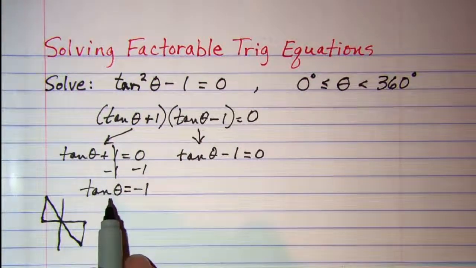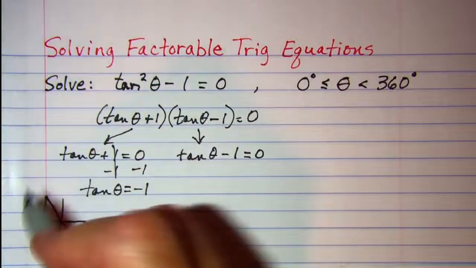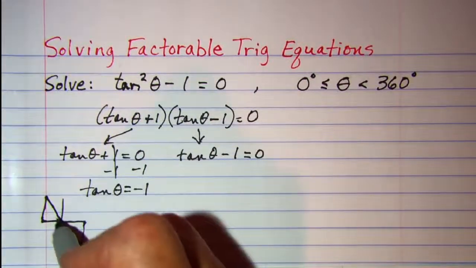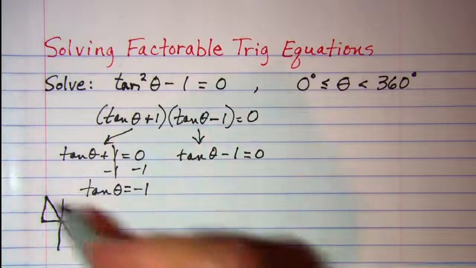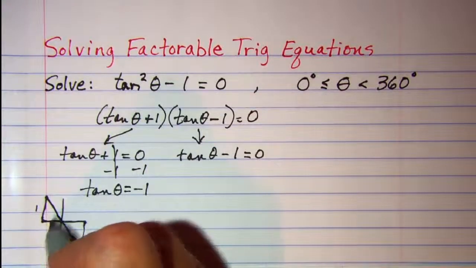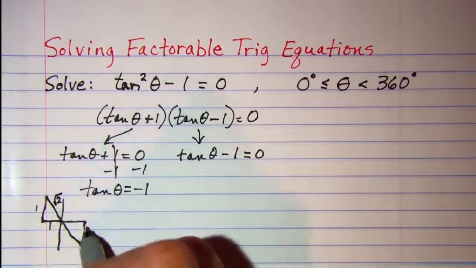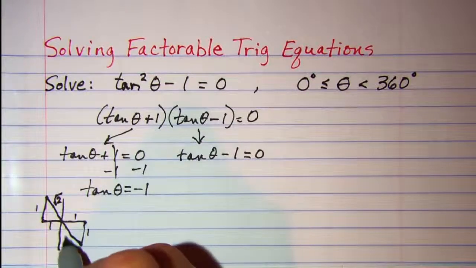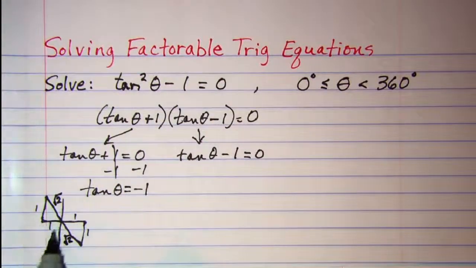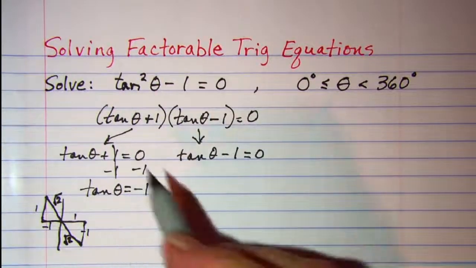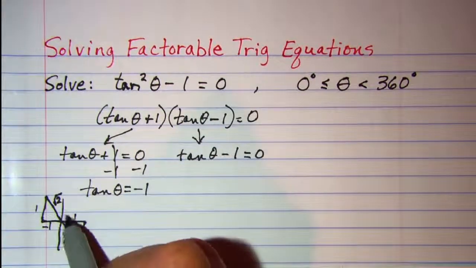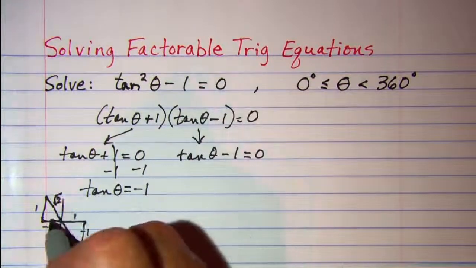And the tangent would be 1 if the opposite and the adjacent side were the same number. So we have 1, 1, root 2 on both of these. This side is negative and this one's negative. And so we know our reference angle is 45 degrees.